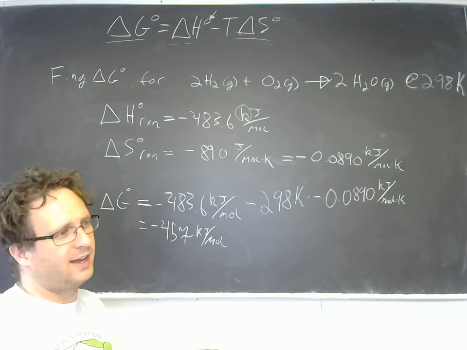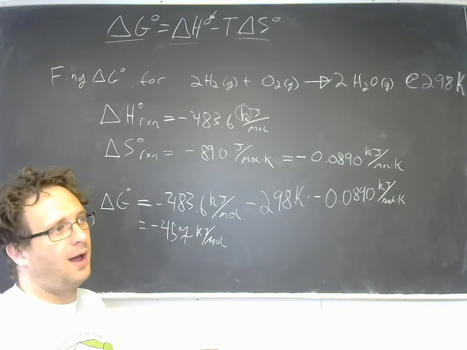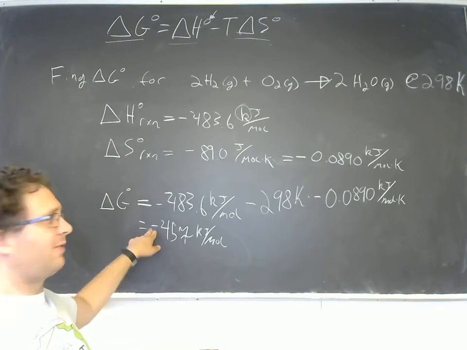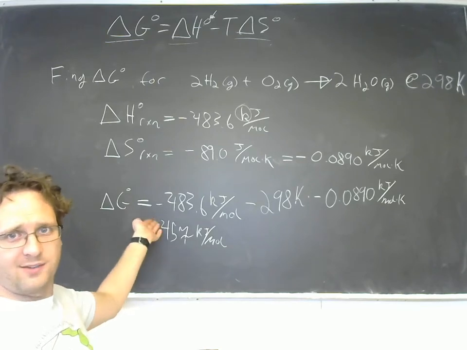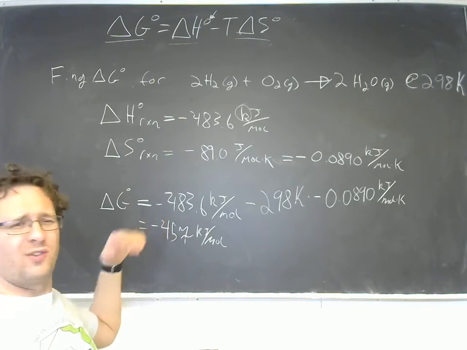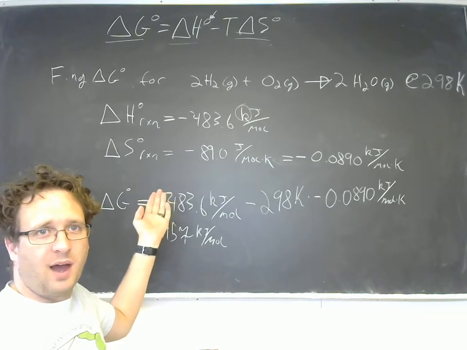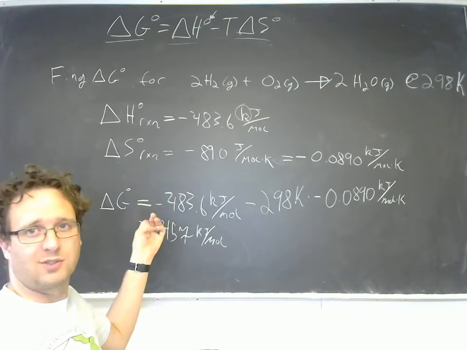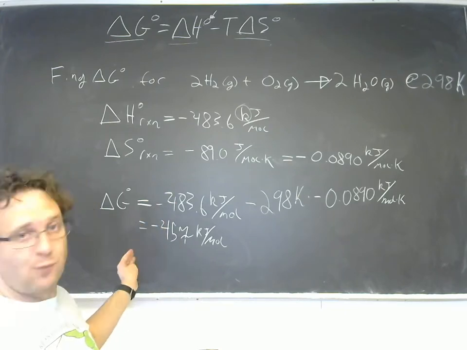As far as whether it will proceed, all we care about is the delta G naught. So if there is a sufficient activation energy, or if you're sufficiently patient to wait for that activation energy to arise through random thermal fluctuations, then this will proceed.